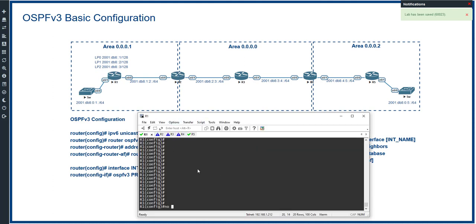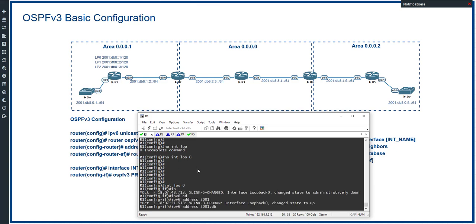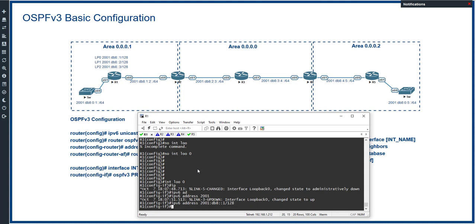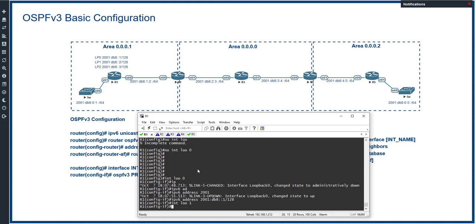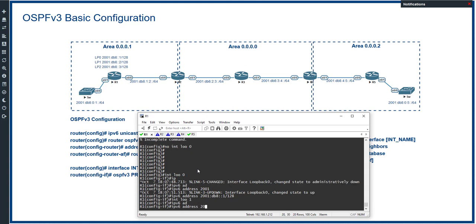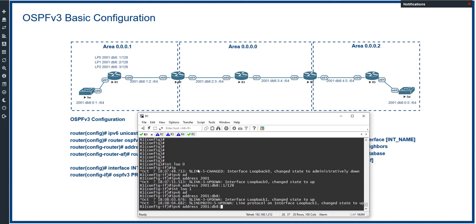In R1, no interface loopback 0. Again, I'm going to configure loopback 0. Interface loopback 0, IPv6 address 2001:db8::1/128. That's it. Interface loopback 1, IPv6 address 2001:db8::2/128.